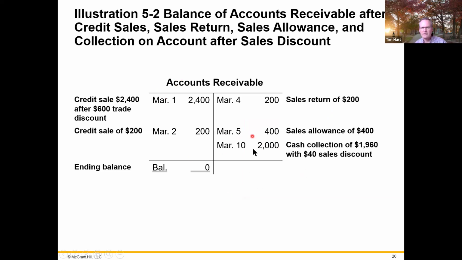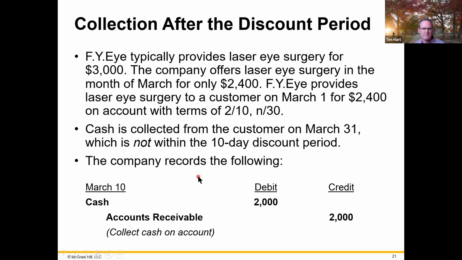So here's what the account receivable account looks like with all these things on there, the T account. So that sale after the trade discount, 2,400, sales return, 200, a credit sale of 200, sales allowance, 400, and then cash collection, 1,960 with 40 sales discount, and we're crediting the account receivable to reduce it down to 0.